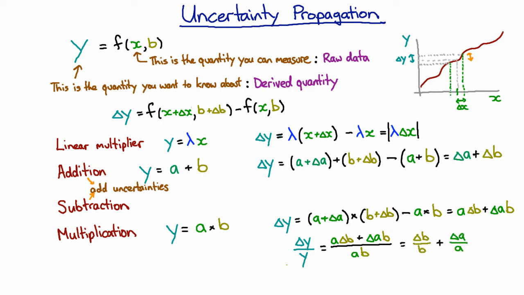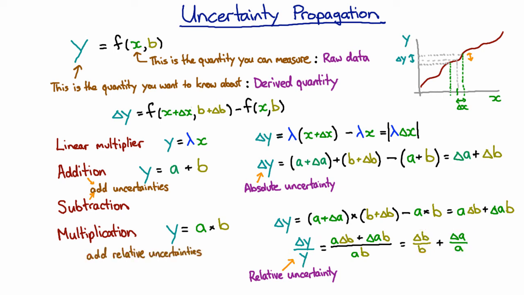And this quantity where you divide the uncertainty by the quantity itself is called the relative uncertainty, whereas the error just by itself is called the absolute uncertainty. And the rule is very simple. If you're multiplying things, you add the relative uncertainties. And a similar argument tells us the same thing works for division.